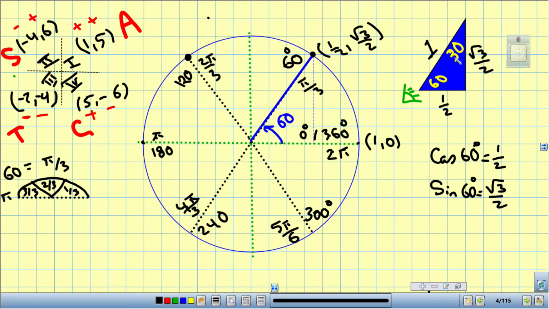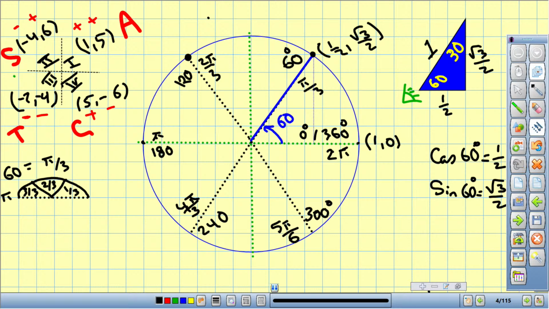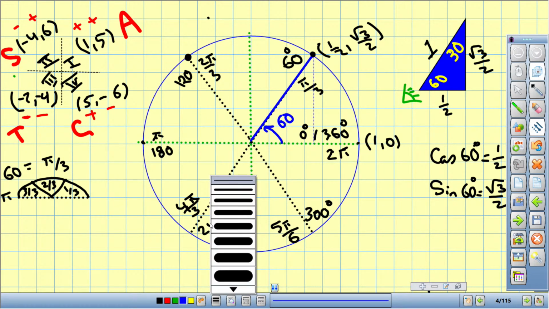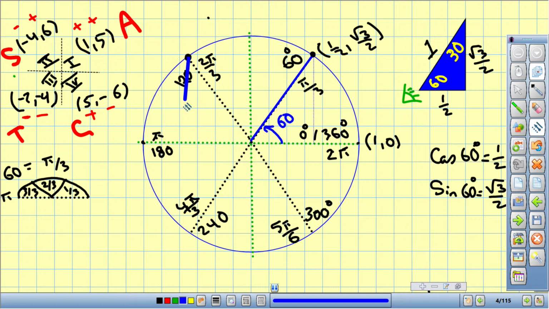I could still take the 60 triangle, maybe reflected on the other side, but it's still going to be 60. So I'm going to put the triangle here, 60. Here is 60. So if you look closely, you're going to find that you also have another 60 here.